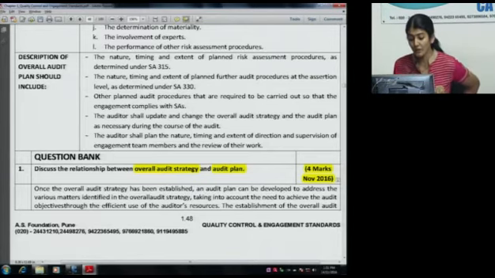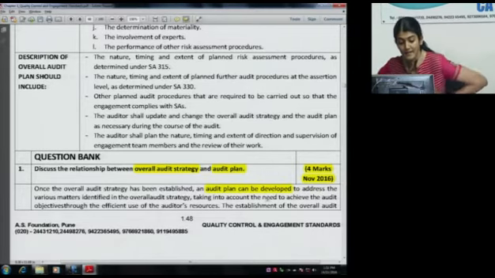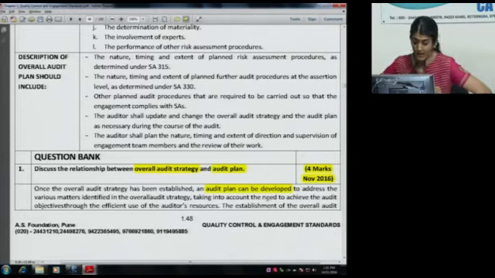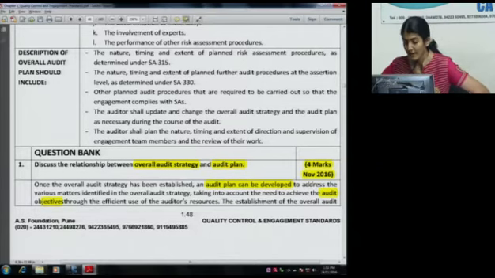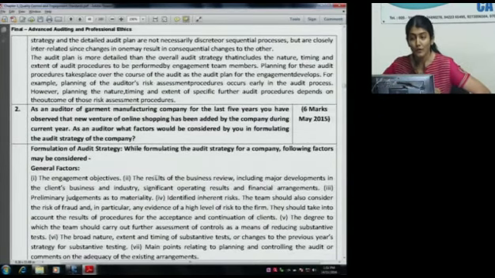Once the overall audit strategy has been established, an audit plan can be developed to address the various matters identified in the audit strategy, taking into account the need to achieve the audit objectives through the efficient use of audit resources. The establishment of the overall audit strategy and the detailed audit plan are not necessarily discrete or sequential, but are closely interrelated, since changes in one may result in changes to the other.